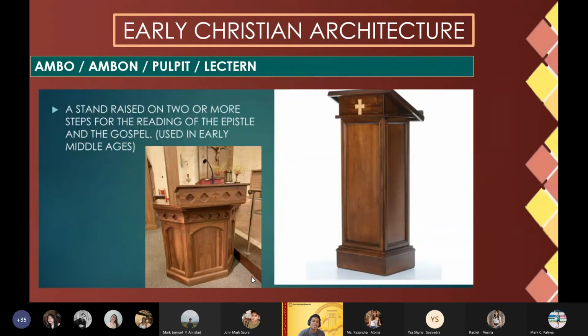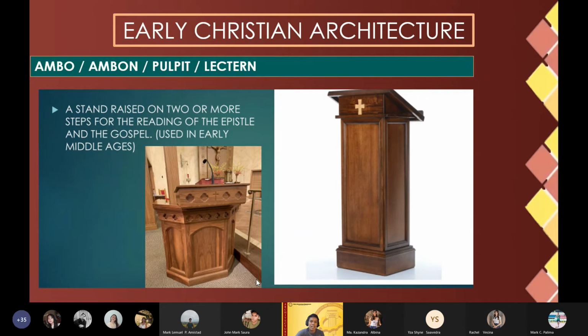So what is it? I think if you have tried reading the gospel, you read the gospel at the ambo or what you call pulpit or what you call lectern. So it is a stand raised on 2 or more steps for the reading of the gospel. It was used before during early Christian architecture and until now we still read the gospel there.